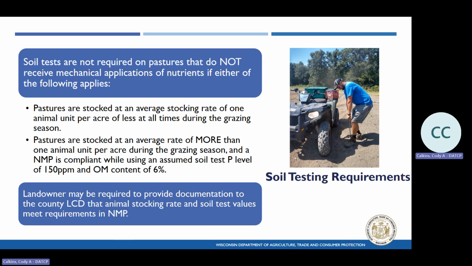And again, those landowners may be required to provide documentation to the county land conservation department that animal stocking rates and soil test values meet the requirements in a nutrient management plan.